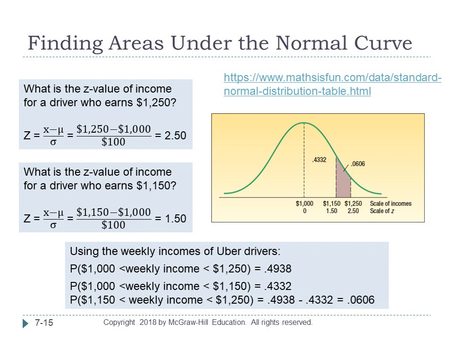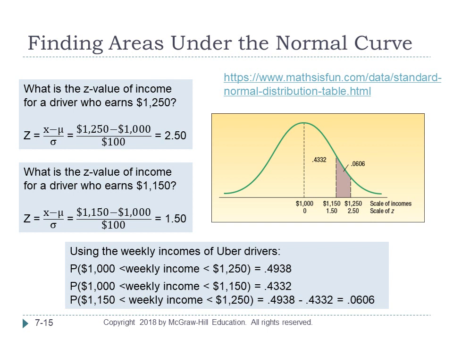This is just the shaded area. With the tables, you can look up the area from 0 to 2.5 and then subtract the area from 0 to 1.5. So the shaded area is simply the area between 0 and 2.5 minus the area between 0 and 1.5. And both of these values you can get from the table.